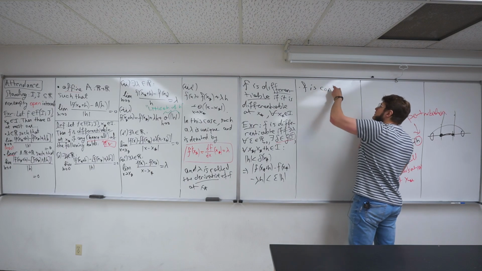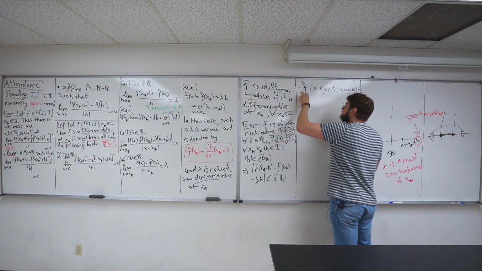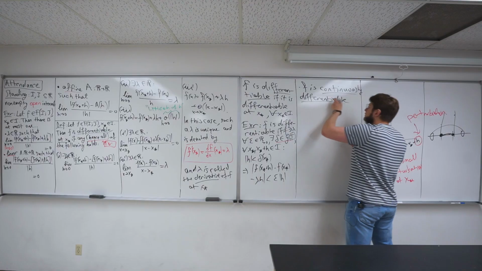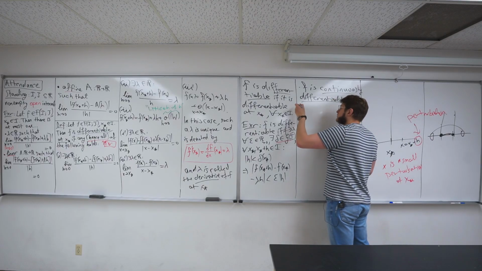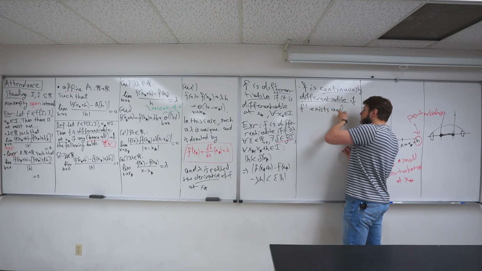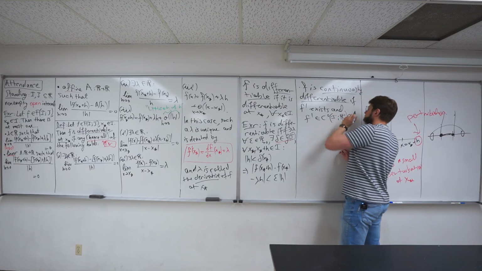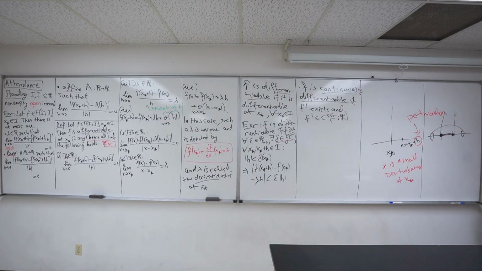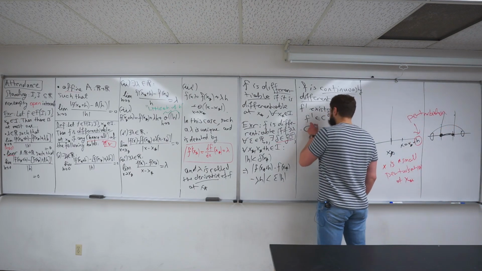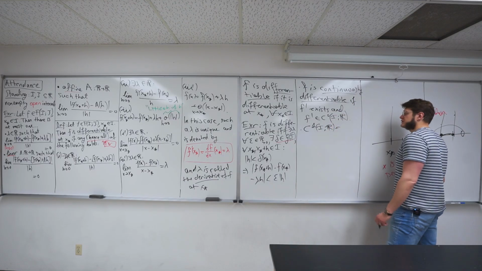F is continuously differentiable if f prime exists and it itself is a continuous function on I. The class of all continuously differentiable functions, finally we get to raise this 0 to a 1, C1, is the class of all continuously differentiable functions.